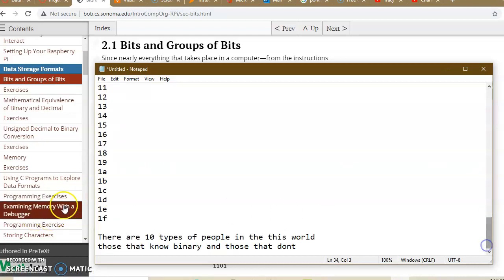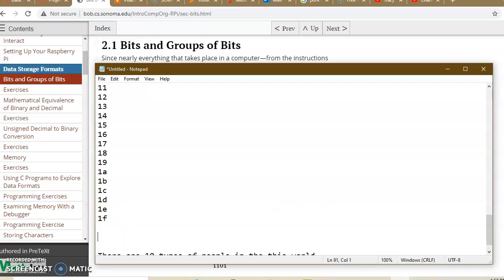But the largest number that you can write in hexadecimal is FF, because after 1F comes 20, 21, 22, 23, and so forth until it gets to 2F, which would then take it to 30, 31, 32, 33, 34, 35, 36, 37, 38, 39, 3A, 3B, 3C, until it gets to 3F, which would then take us to 4F, 5F, 6F, 7F, 8F, 9F.